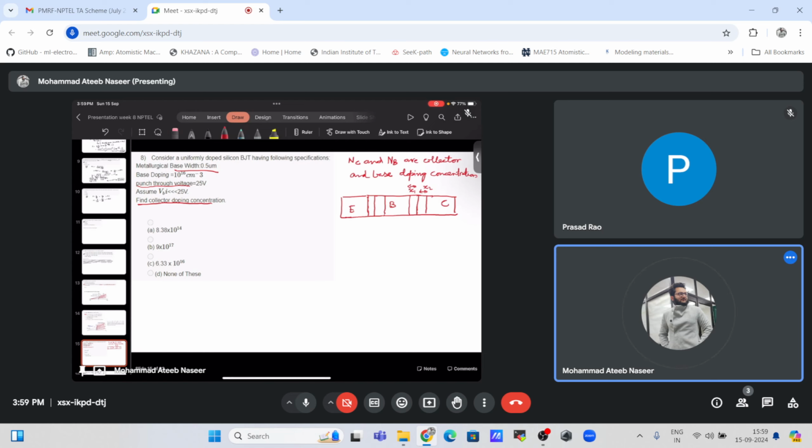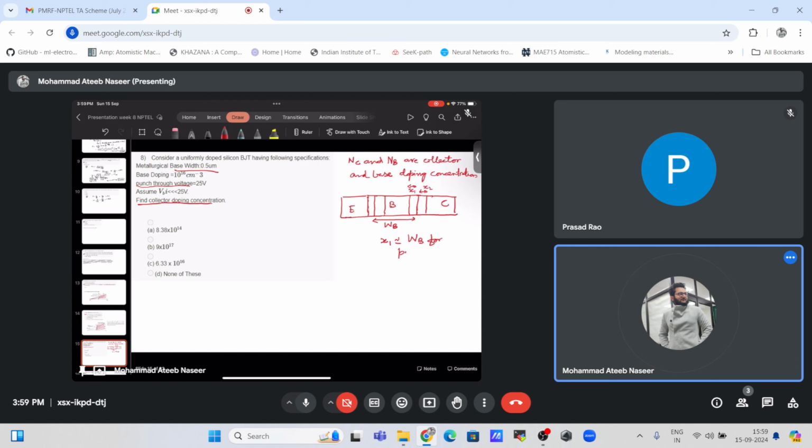And this is the total base width, so x1 has to extend to the depletion width. That is, x1 has to be approximately equal to WB for punch through.